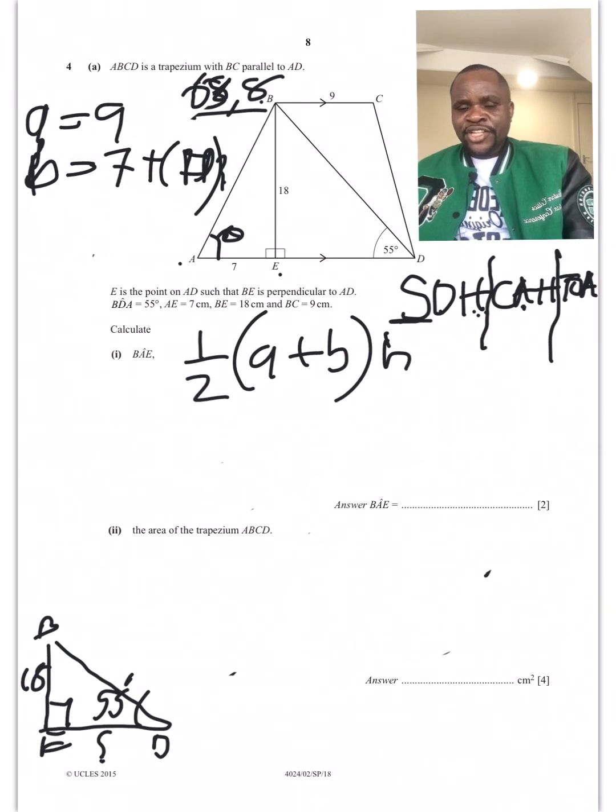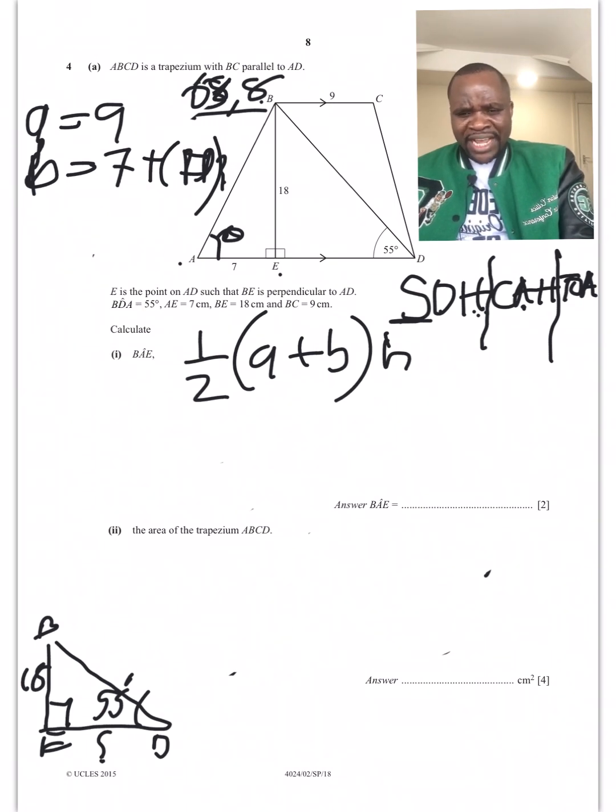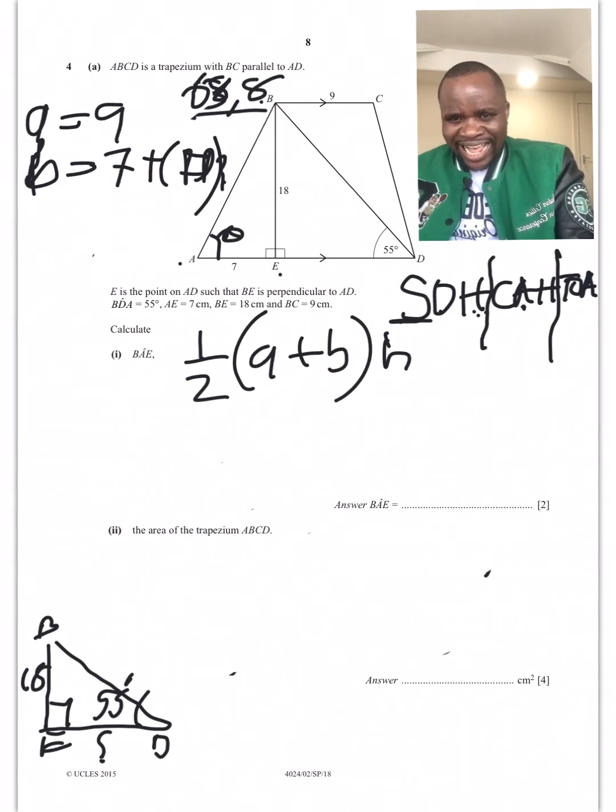So first, remember our SOHCAHTOA. We don't have the hypotenuse, because this one is the hypotenuse. But we have the opposite, which is 18, and we want to find the adjacent. So we go to tan, because tan is the one that has both opposite and adjacent.